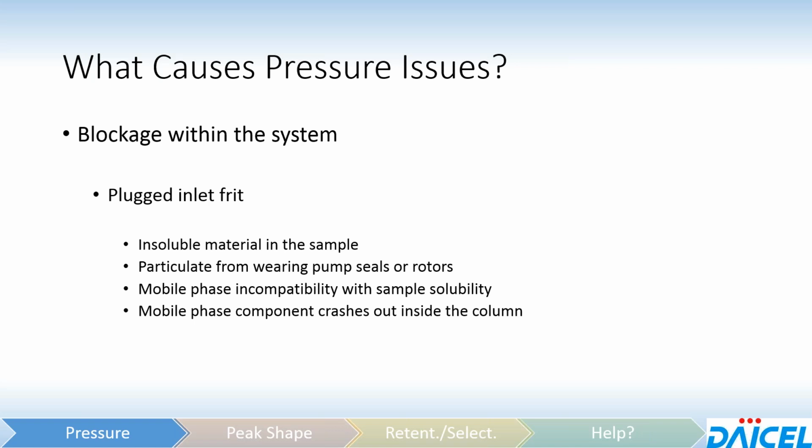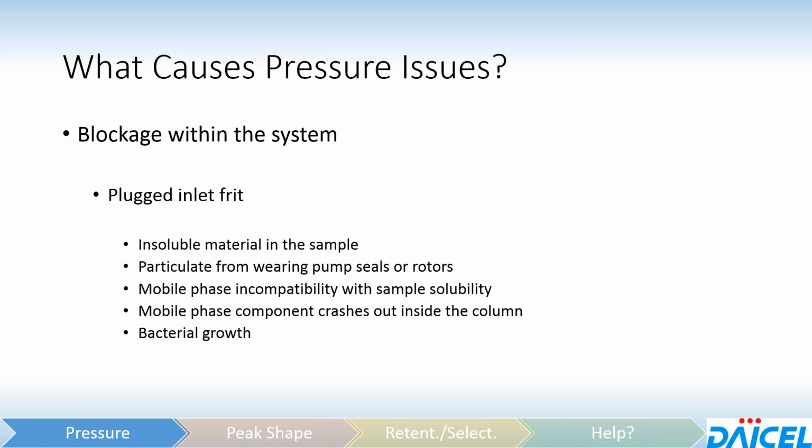There can also be some mobile phase component crashing out inside the column. If you've got a buffered aqueous system, for instance, the salt can sometimes crash out inside the column. And in aqueous mobile phases, there can be bacterial growth as a result of not using the column frequently, or bacteria in the mobile phase that has contaminated the column.